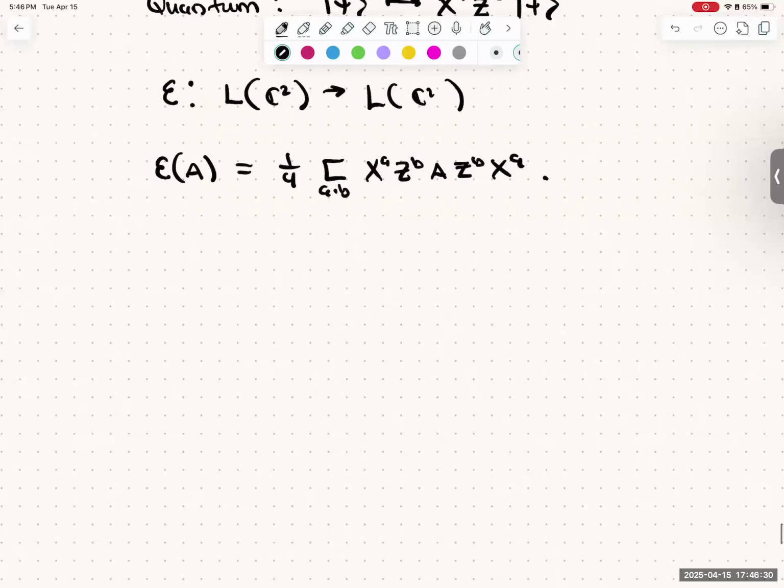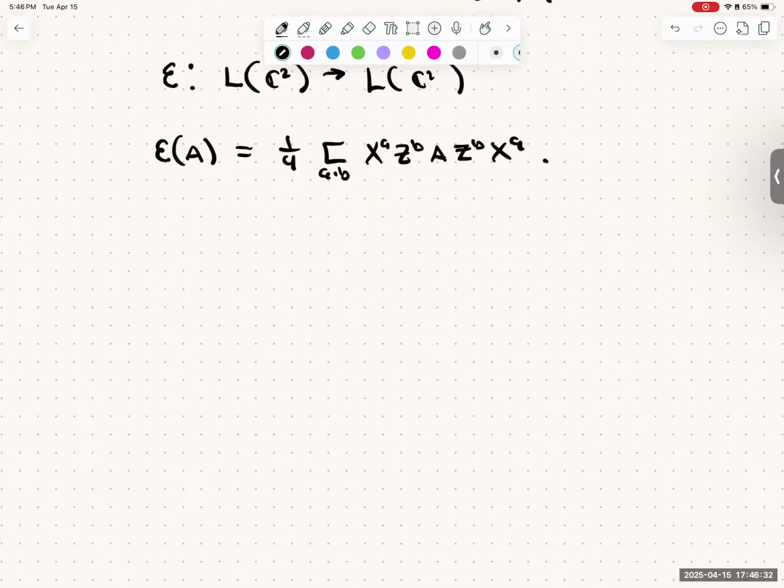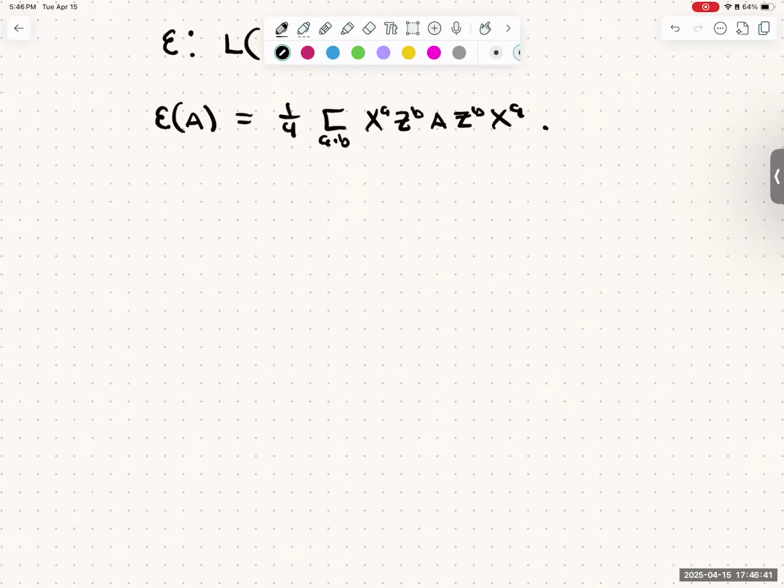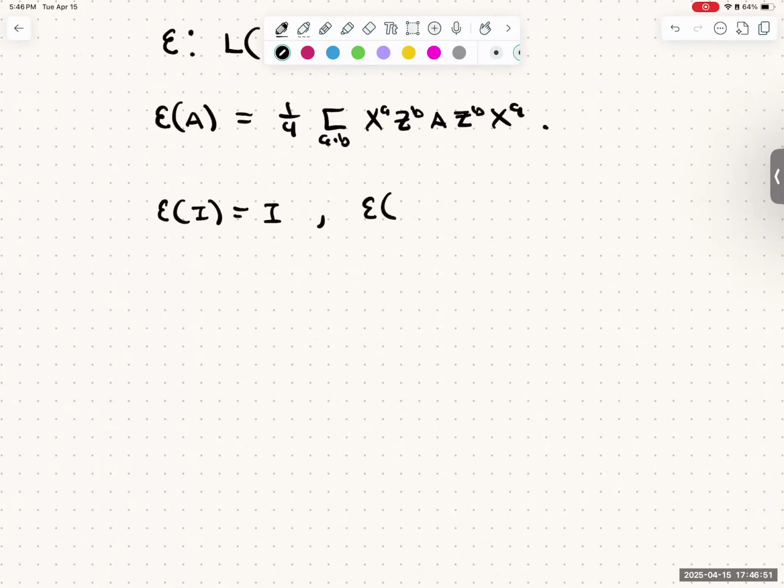An unassigned piece of homework: show that this will yield the totally mixed state when you're dealing with a single qubit. I don't think it should be hard to show. In principle, you just need to show that this acting on the identity is equal to the identity, so it's unital, and then acting on any of the Pauli matrices X, Y, or Z is equal to 0.